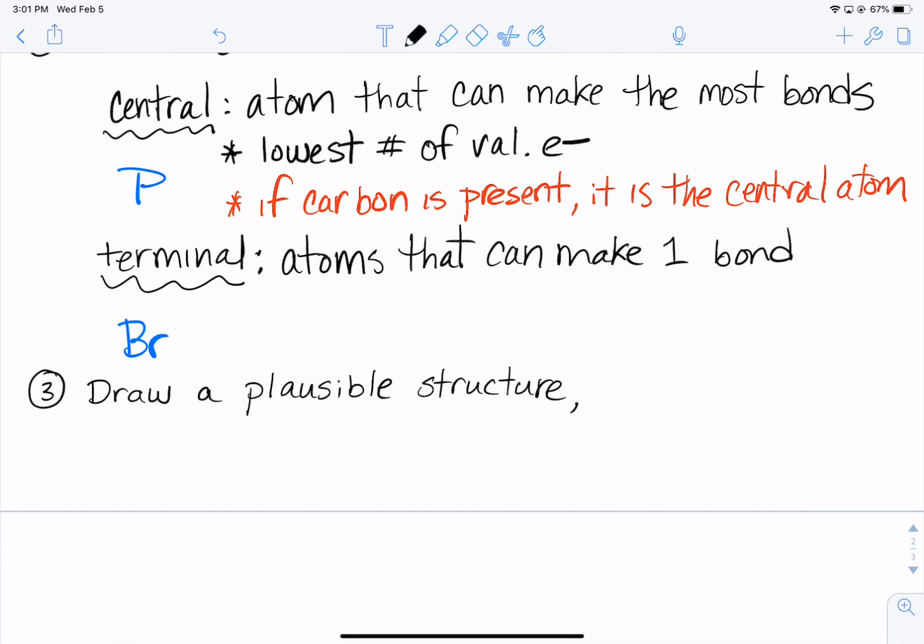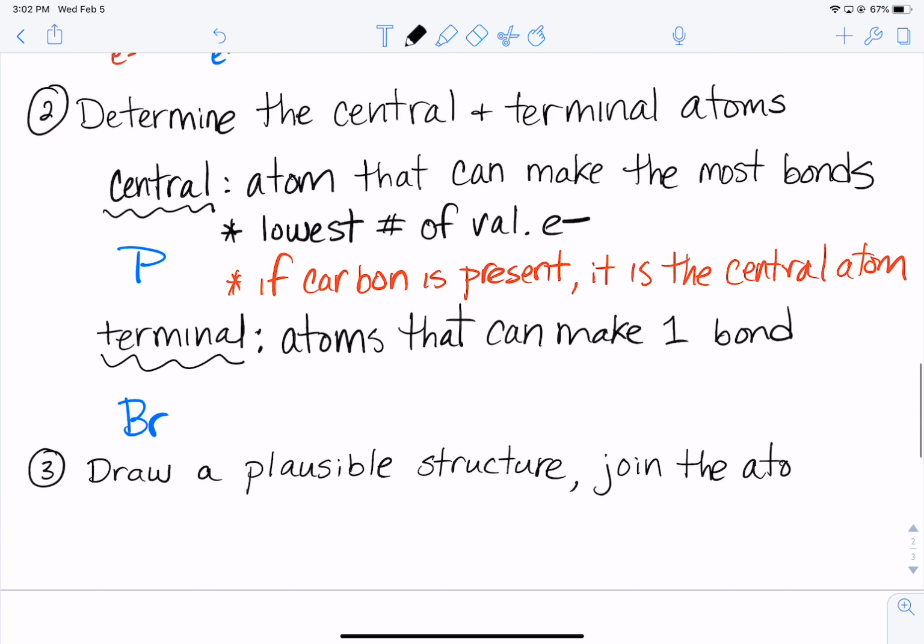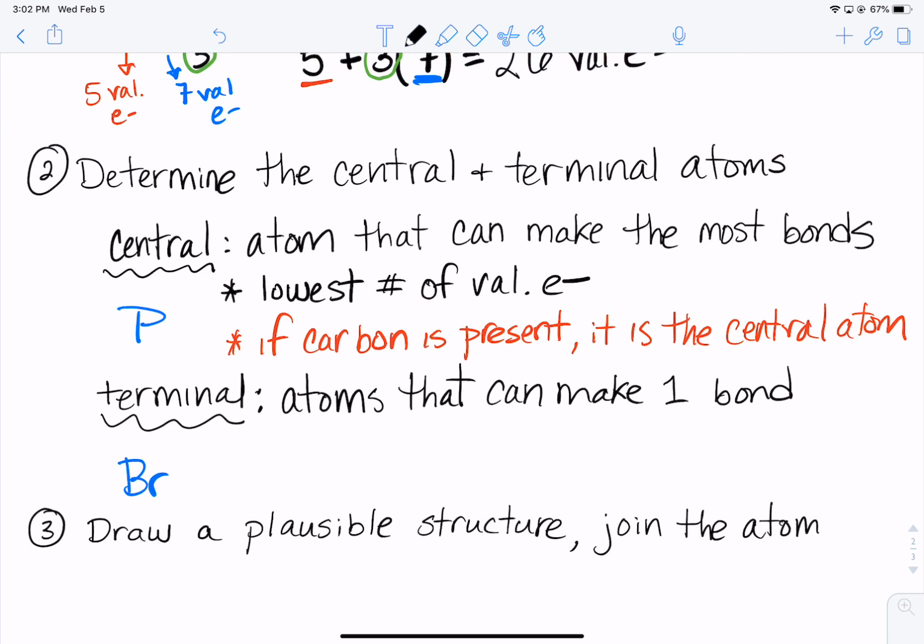You're going to join the atoms in the skeletal structure. Skeletal is because it's the bare minimum. Skeletal structure by a single covalent bond.